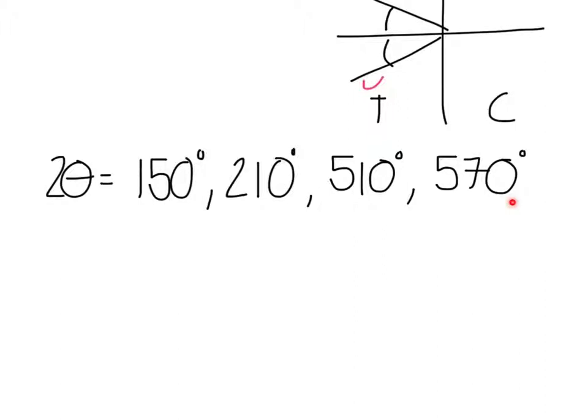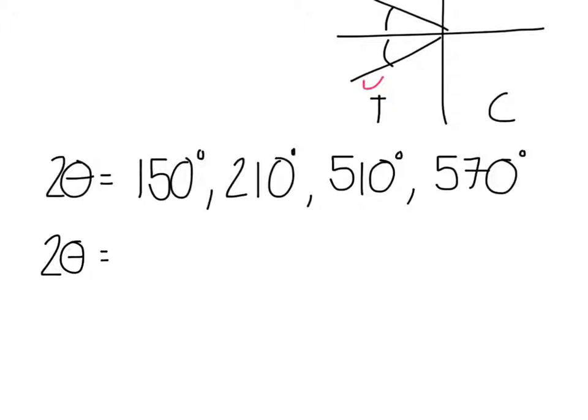Now, our original question was asked in radians. That means our answer should be in radians as well. The easiest thing to do is to convert to radians at this point. So 2 theta equals, well, this is 150.